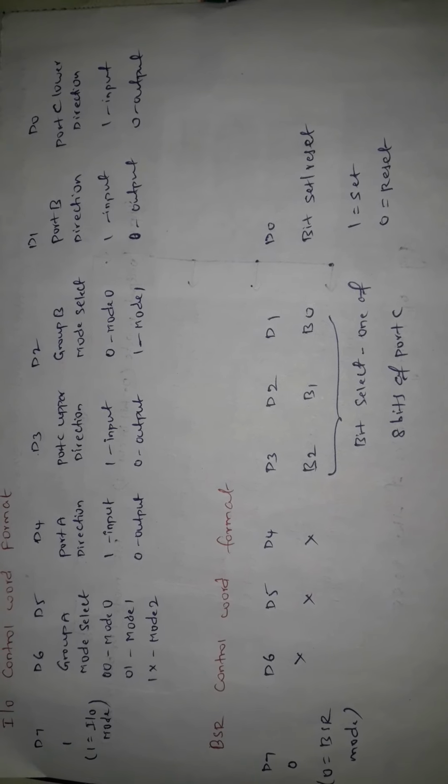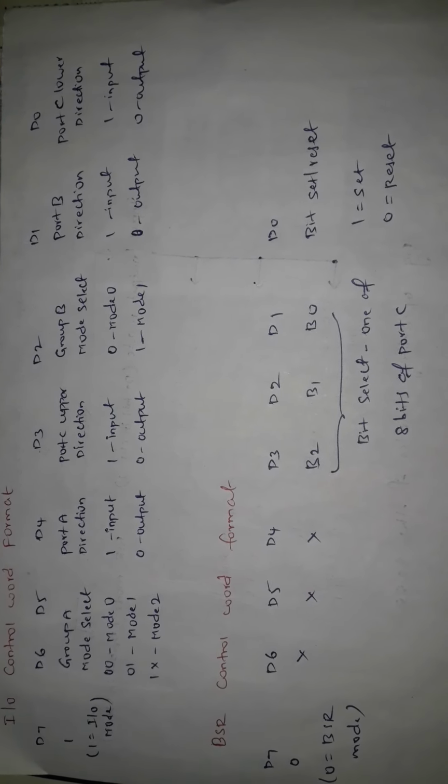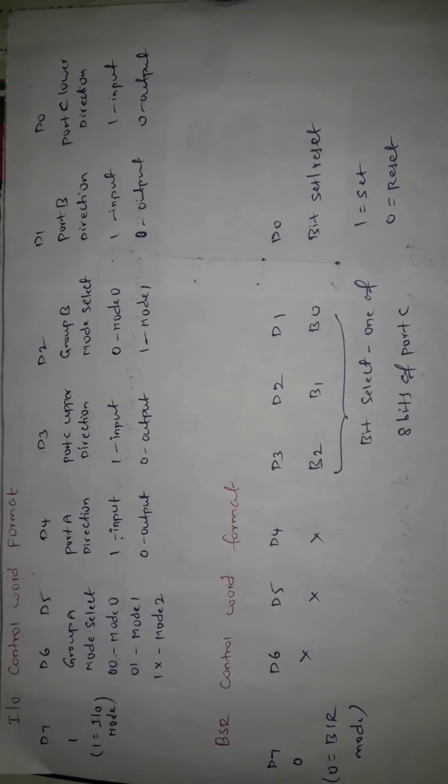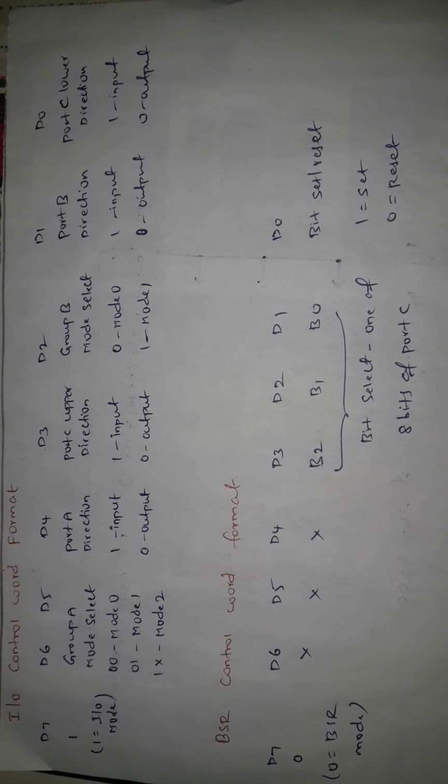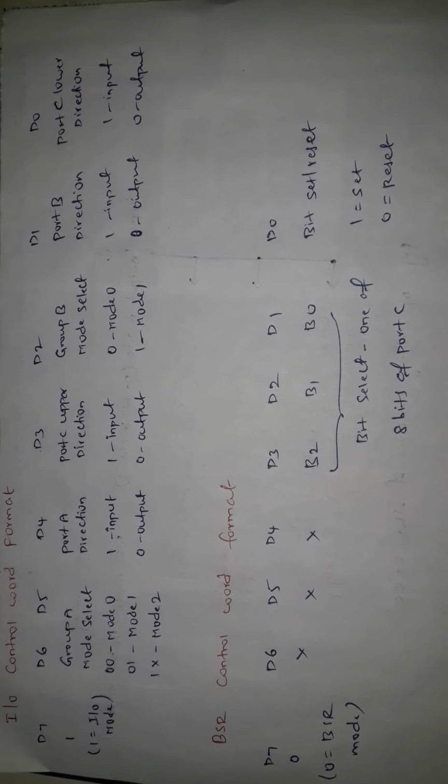Port C is mainly used to provide the control signals in mode 1 and mode 2 operations. Individual bits are used to generate the control signals in mode 1 and mode 2 operation.